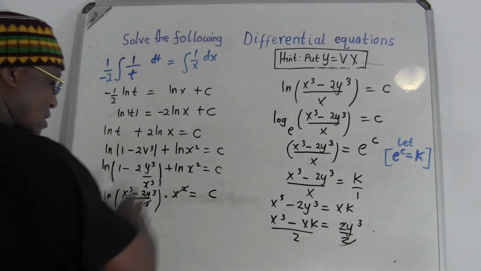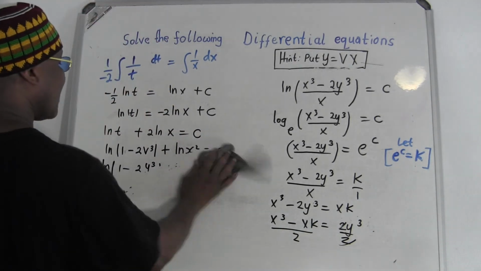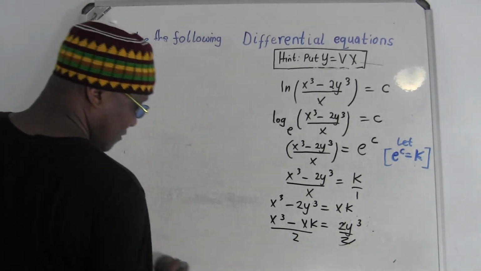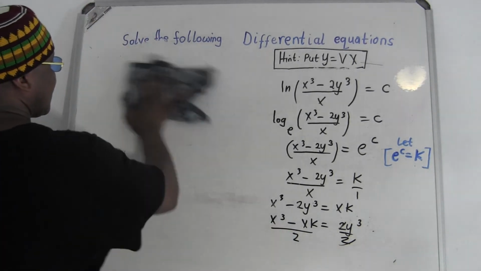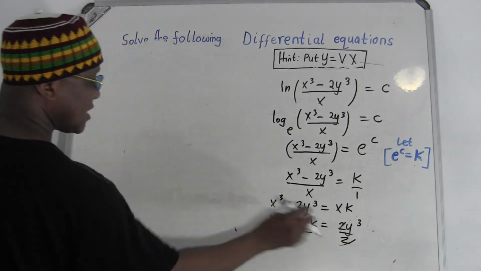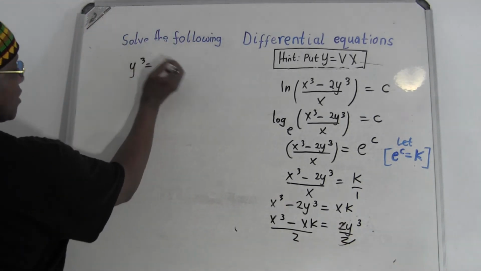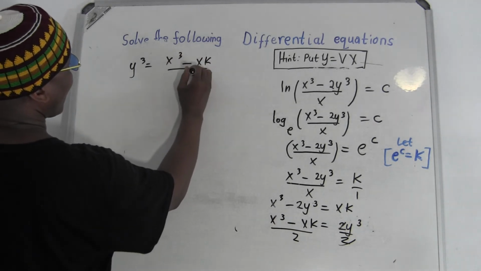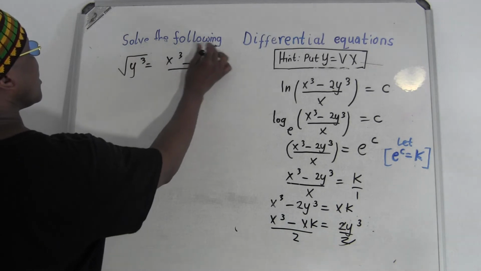So finally y cubed equal to x cubed minus xk over 2, and then you take the cube root.